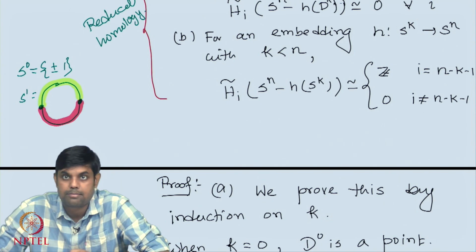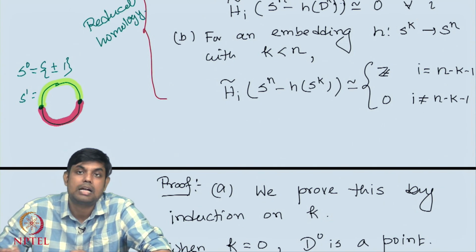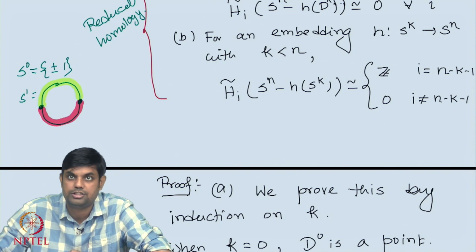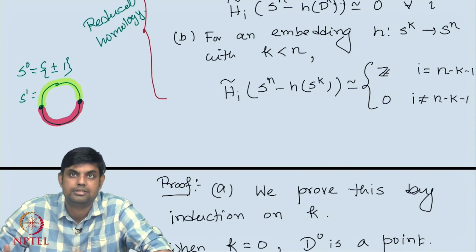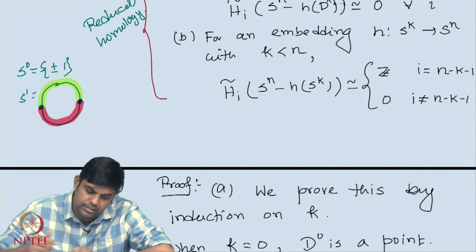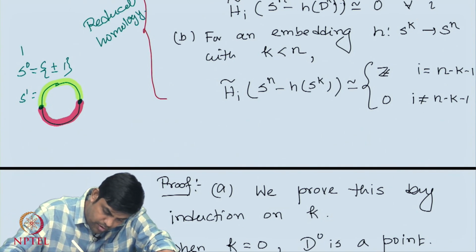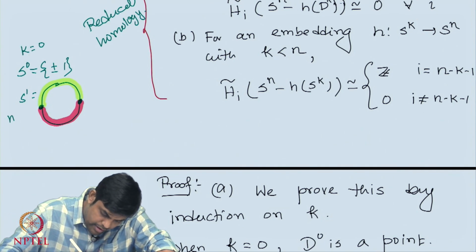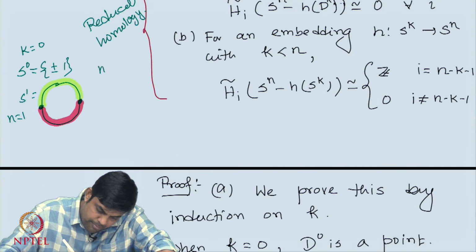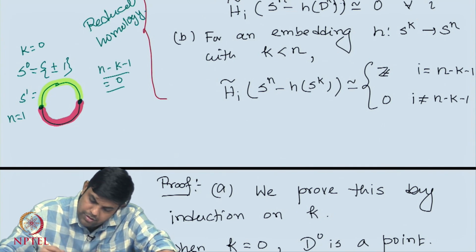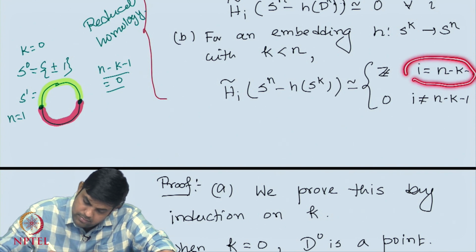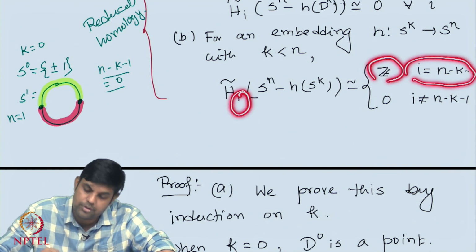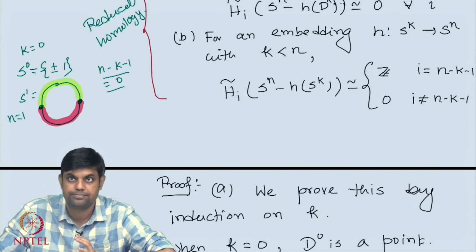Each of them is contractible. So, on the 0th homology, they will give you reduced H0 to be Z. Here k equals 0 and n equals 1, so n minus k minus 1 is 0. That is the only homology where I am going to get Z, everything else is 0.